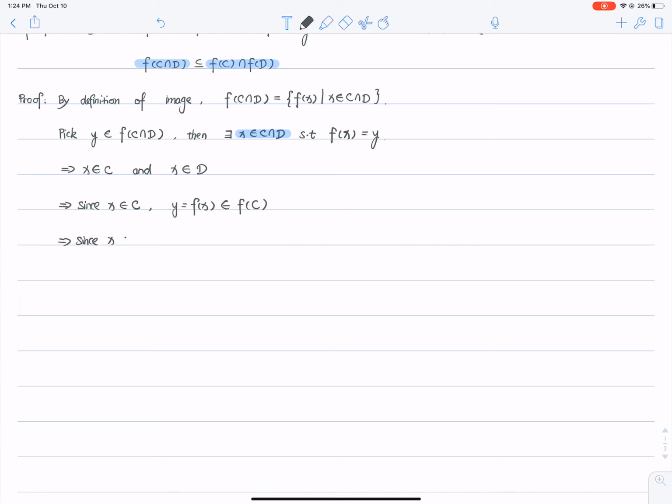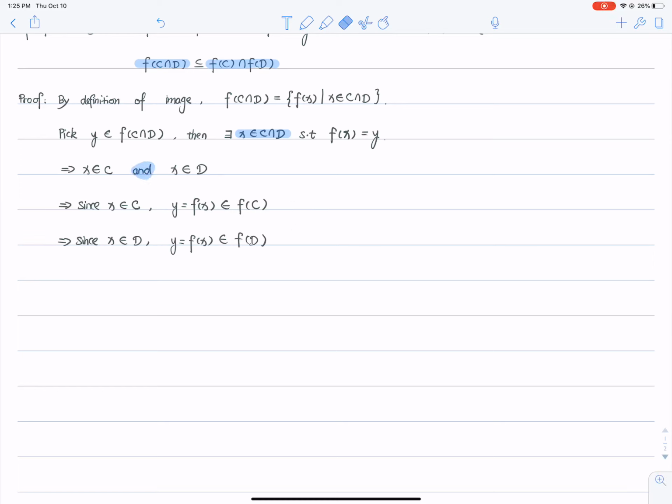Since x is an element of D, y equals f(x) would be an element of f(D) as well. Okay, and the relation between those two would be "and", right?